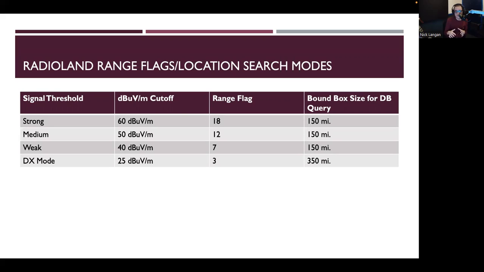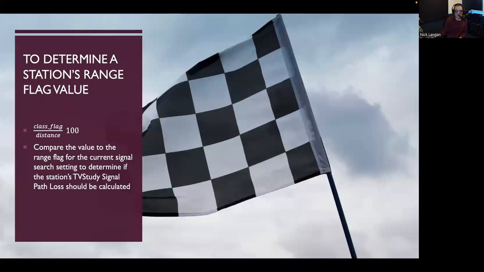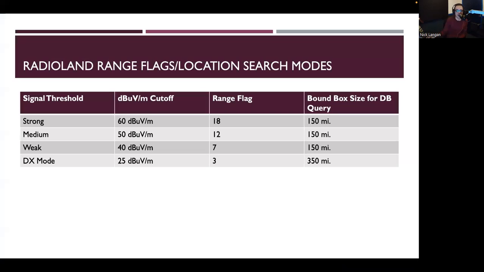So we use the range flag based on the threshold that you've got RadioLand set on, and the class flag of each station in the query to determine if we should even consider what its field strength value is. So that's a very crude mathematical formula. Take the class flag, divide it by the distance to your location, multiply that up by 100, and then compare that to the range flag that I just showed you, 18, 12, 7.